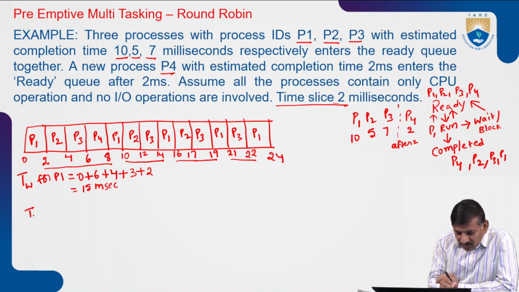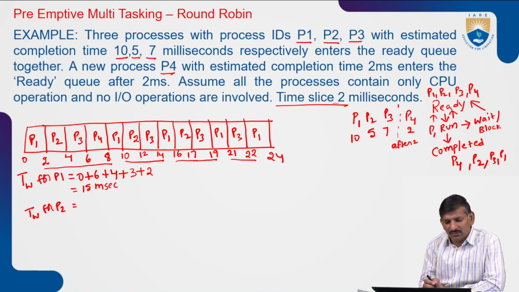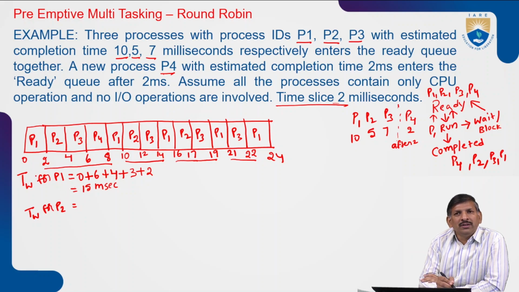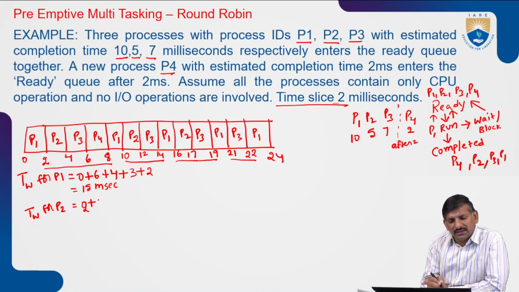Next, waiting time for process P2. P2 enters the ready state at time 0 and is scheduled for execution at the second millisecond. So it is waiting 2 milliseconds here.